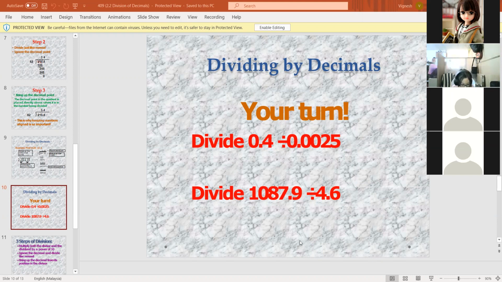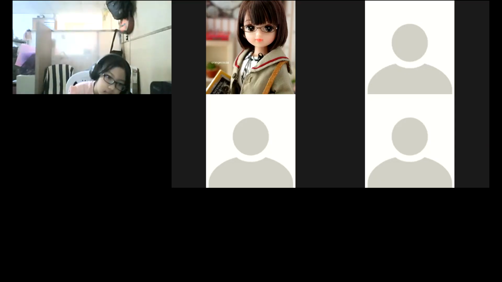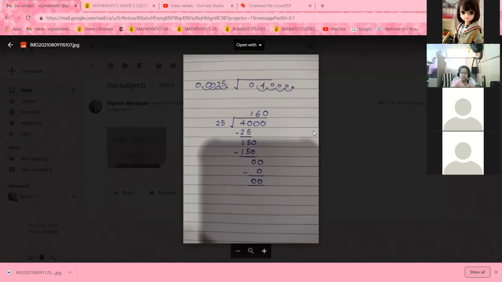Okay, better I'm sharing the screen. Can you all see my screen now? Yes, teacher. Okay, the question is 0.4 divide 0.0025, correct? You have to remove the decimal point.